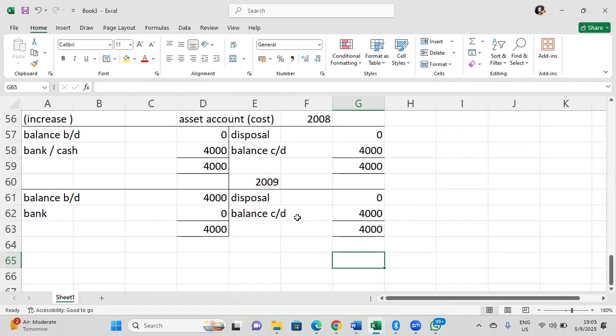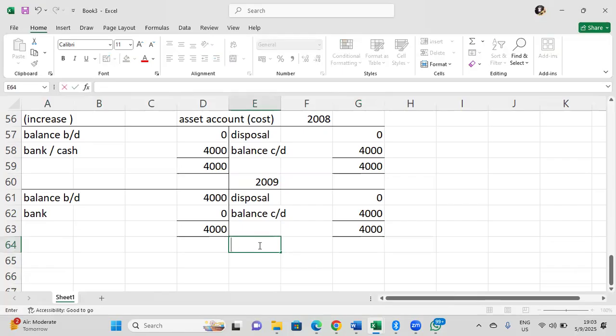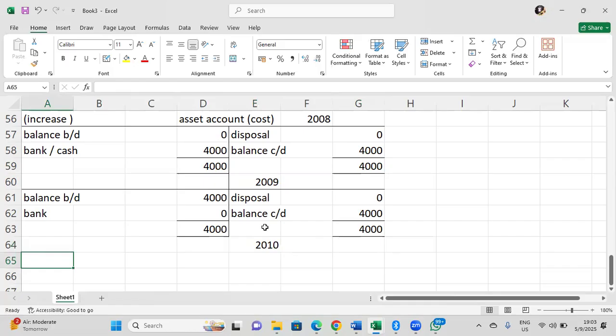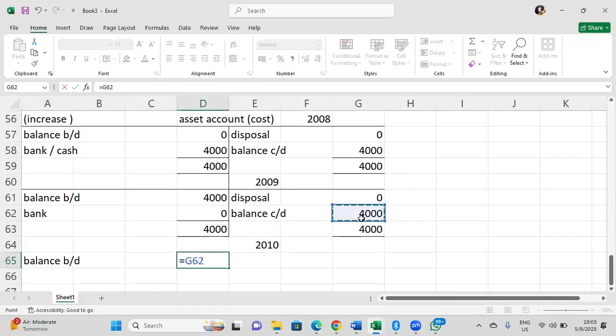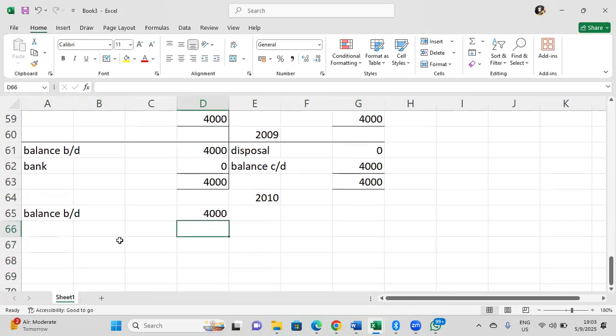Let's do the last year, because they said the asset stayed in the business for 3 years. So for the last year, that is in 2010, the balance CD is the balance BD in 2010.